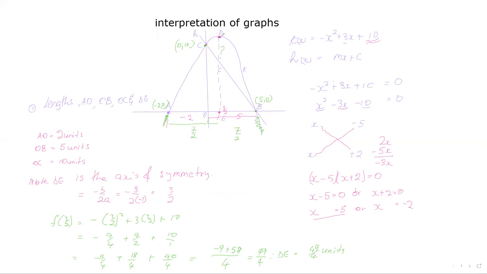Now DF, you will appreciate that this is the parabola minus a straight line, because at F here is the value of y on a straight line, at D here is the value of y on a parabola.